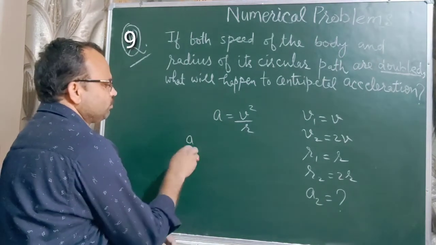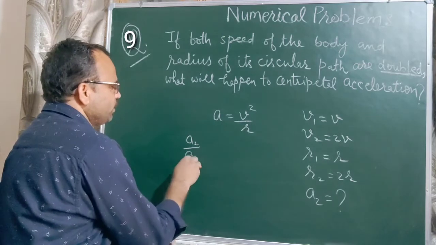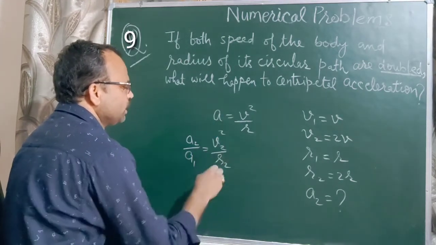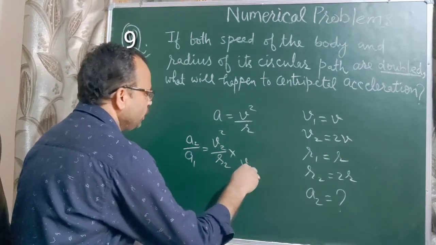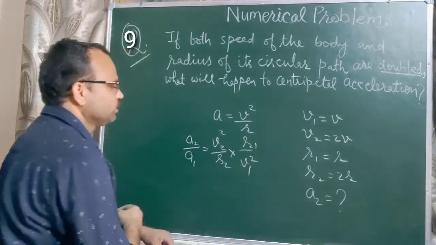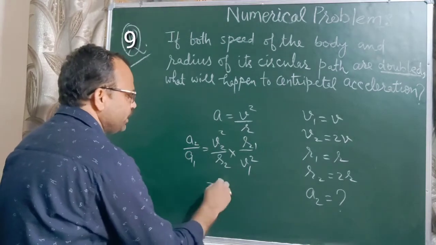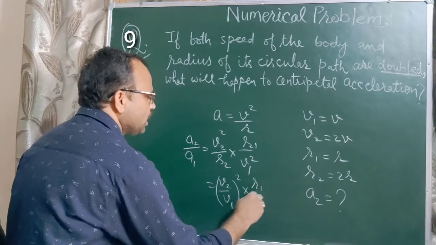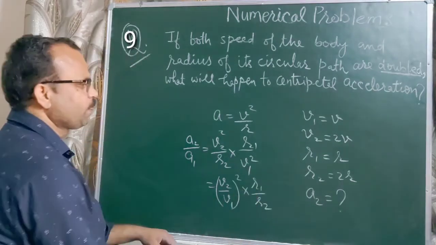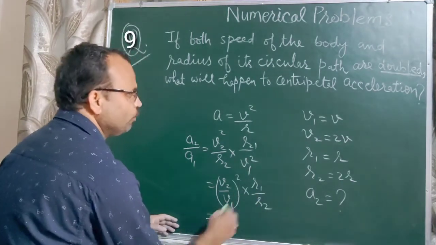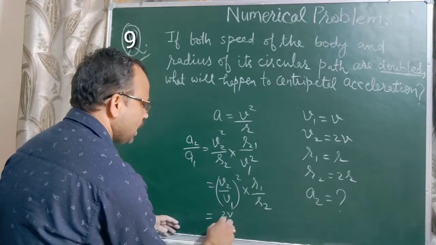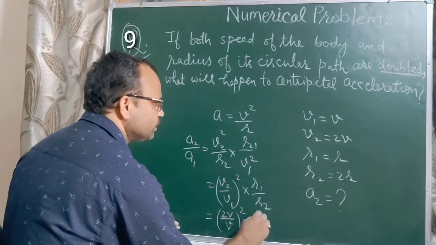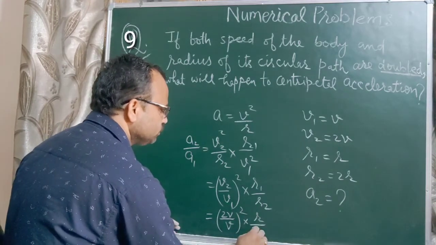So a2 upon a1 equals v2 square upon r2 into r1 upon v1 square. Okay, so this equation can be written as (v2 upon v1) whole square into r1 upon r2. Now substituting the values, v2 is 2v upon v1 value v, whole square, into r1 value is r and r2 value is 2r.